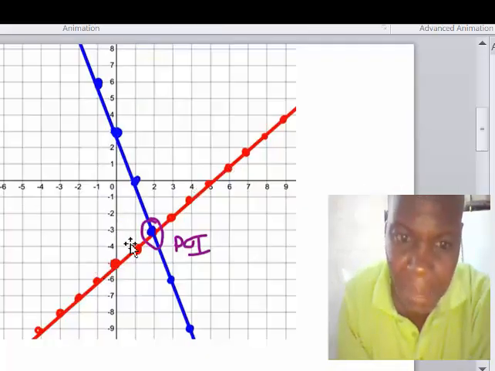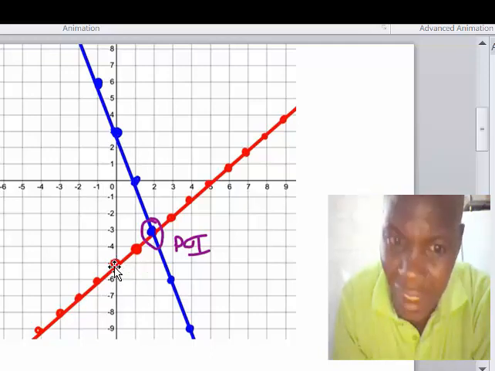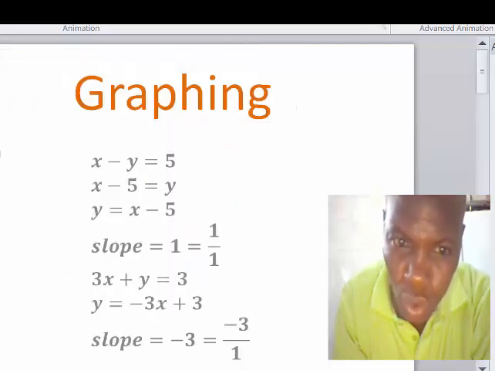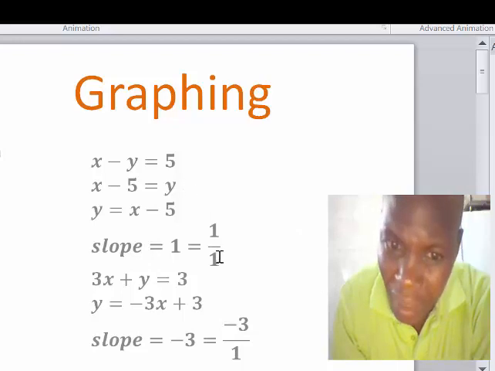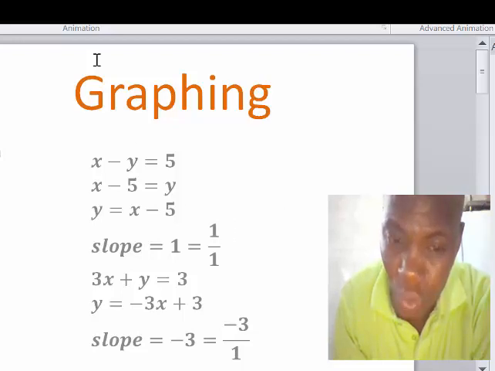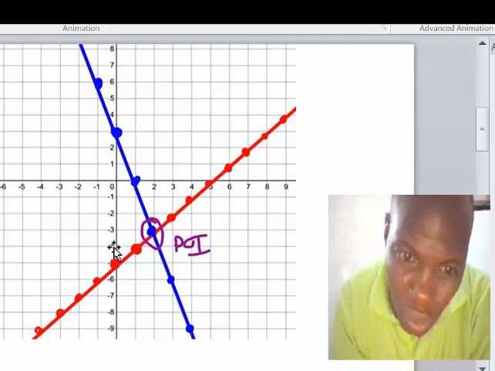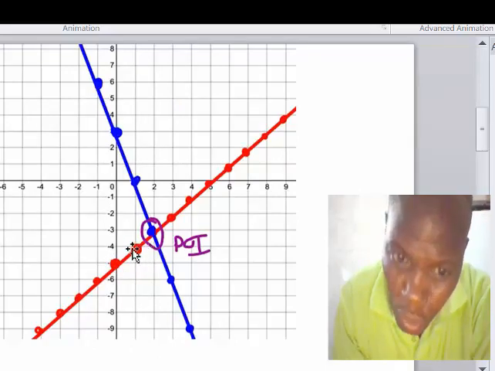Now, let's go back to the graph. How do we plot that? We go to the y-intercept, which is negative 5. Rise over run means that whatever you have as a slope here, which is 1, you rise once, then you run once. You go to the y-intercept, you rise once, you run once, then you plot.